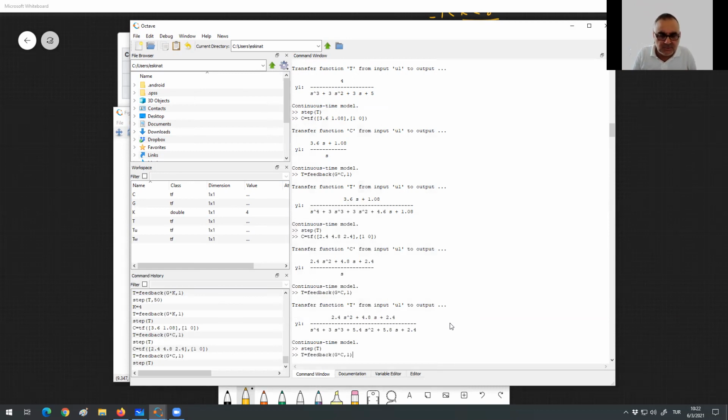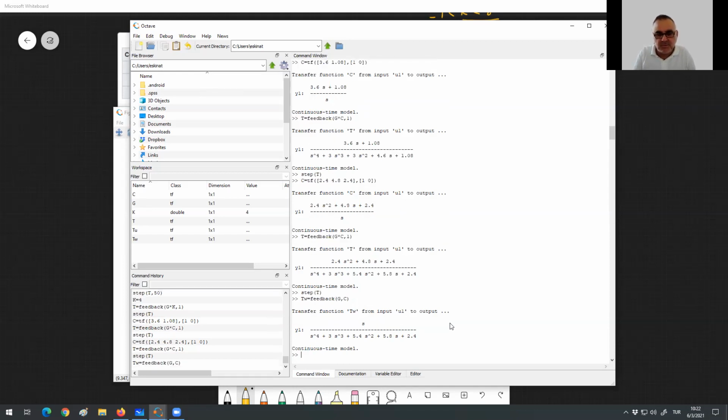Okay, so let's look at the disturbance rejection characteristics. TW will be the feedback of G and C, as you might remember. Okay, this is the disturbance transfer. TW is the disturbance transfer function of your system.